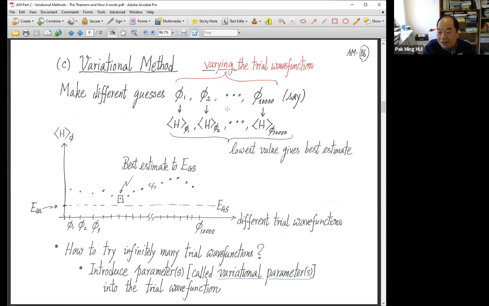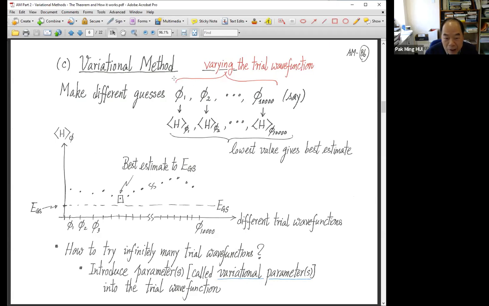So the next thing is why we call this method the variational method. Here is the reason. As I already said, we must work very hard to make this theorem work well for you. The meaning is that you don't make one guess, you can make many guesses.